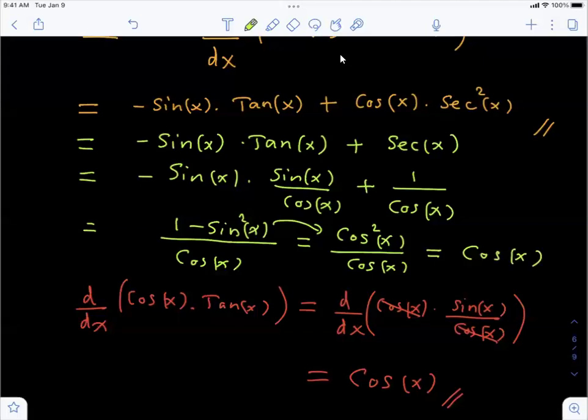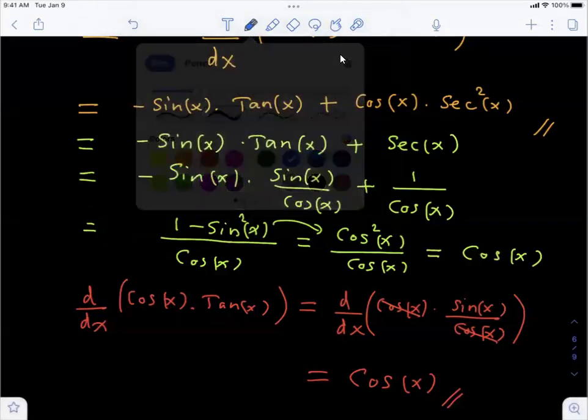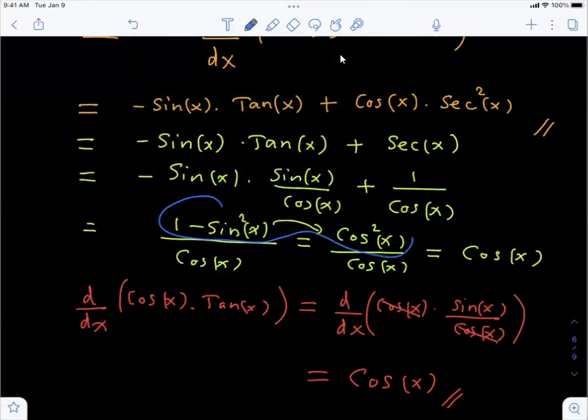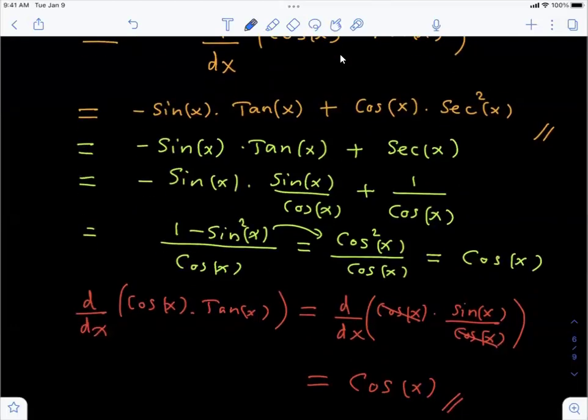Now, if you have a difficult time recalling the fact that 1 minus sine square equals cosine square, how did we get this? That is what we call the Pythagorean identity. Let me just have it in a small box here separately.